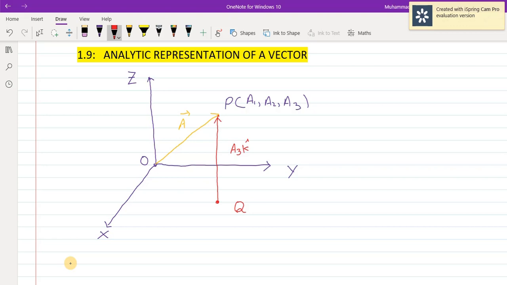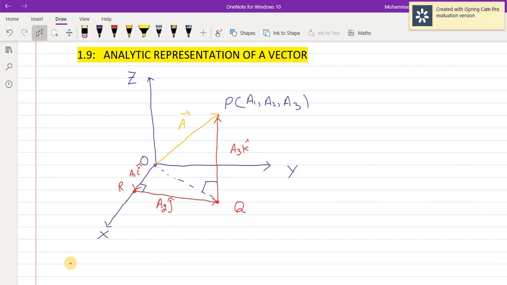Now to draw x component and y component, I will draw a perpendicular from point Q to x-axis at point R. Here QR is y component of vector A, so we will denote it with A2 j unit vector. In the figure, OR is x component of vector A and it is denoted by A1 i unit vector.